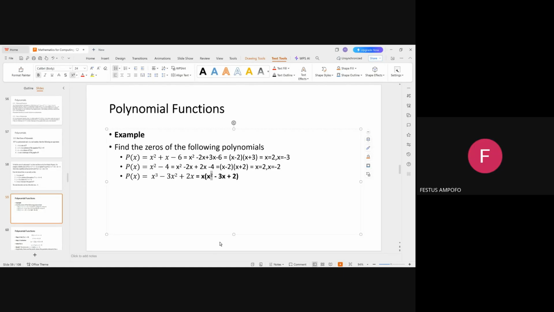With that one, we find the factors of 2 which, when multiplied, give you 2, and when added give you minus 3. So we will write it as x. That one is cubed. I thought it was always squared.